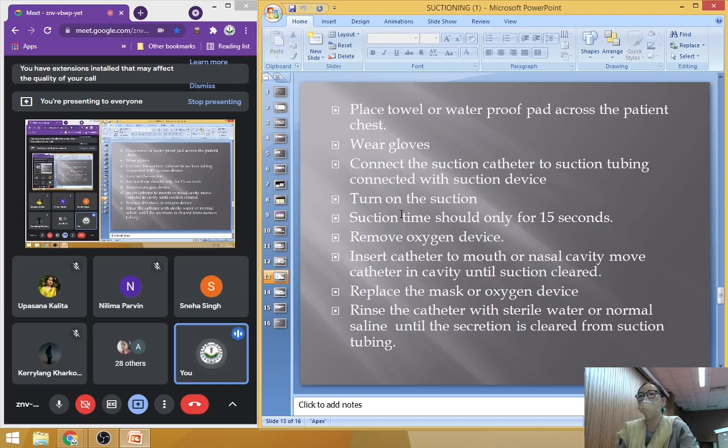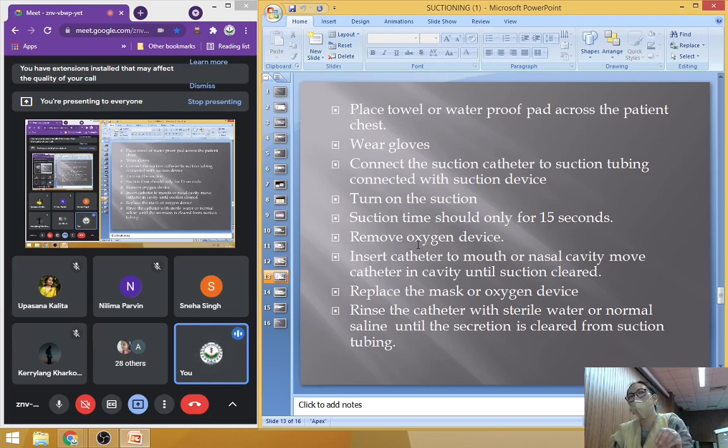So what you will do is, when you suction, sometimes very thick secretions come out and the catheter becomes thick. Then you will again dip it in the sterile water.